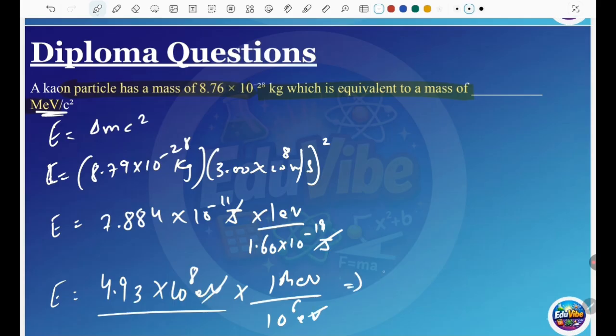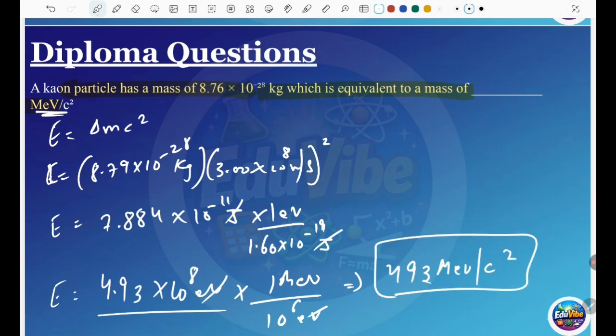This cancels out. You get about 493 MeV, and you have to do the per c squared. That's your answer for this, which is 493 MeV per c squared.